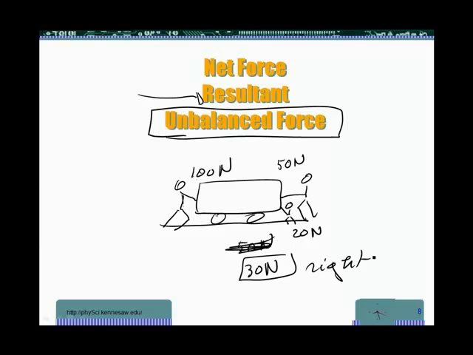That's what we call resultant. Another term that we use for it is the net force. Again, net force is 30 newtons towards the right. Same kind of idea. The unbalanced force, the resultant, or the net force are all referring to the same thing, the unbalanced force.